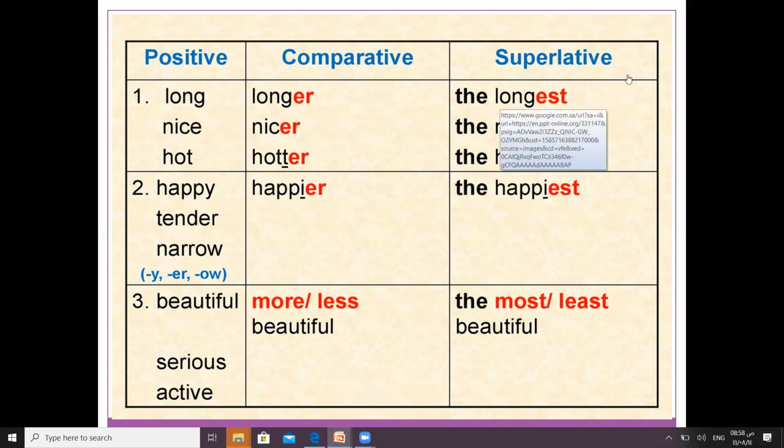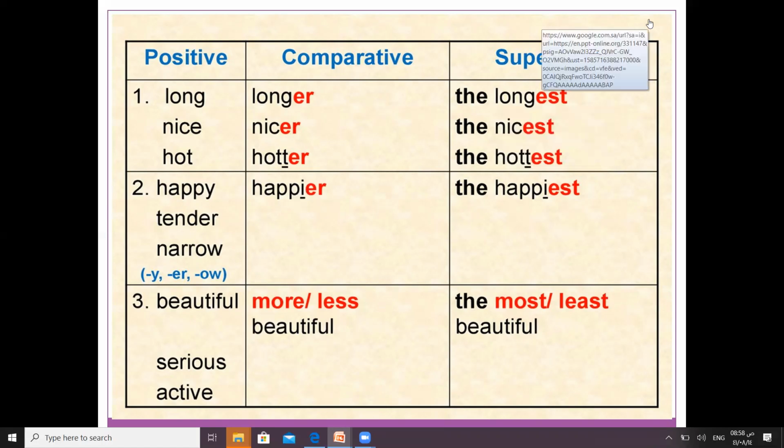Now, superlative. In superlative, we are comparing three and more than three nouns. We will add EST if we have 1 to 2 syllables in my adjective.